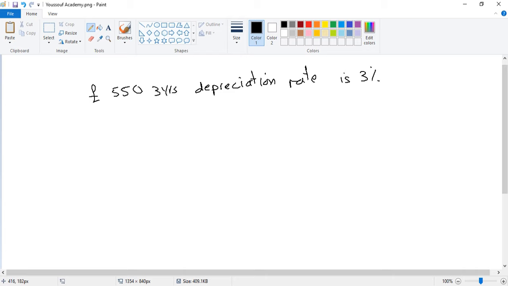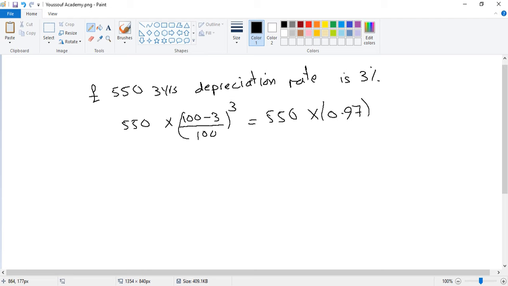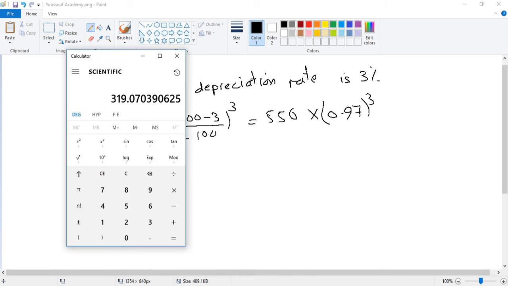Okay. What we do, we'll say 550 times (100 minus 3 over 100) to the power of 3 years. That's equal to 550 times 0.97 to the power 3. And the answer is, back to the calculator again, 0.97 to the power of 3.